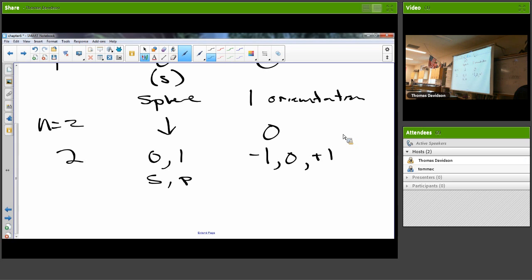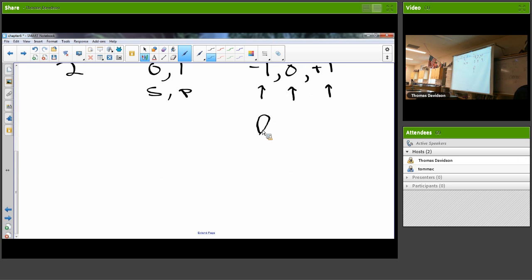All right. So if you think, how many different values are there for the 1? 3. These values correspond to the up and the down, the left and the right, and the in and out. So there are 3 orientations of the P clouds. Are you okay with that? All right.